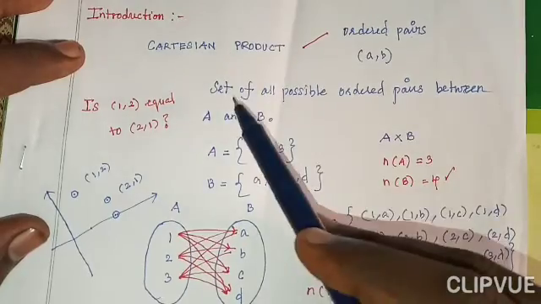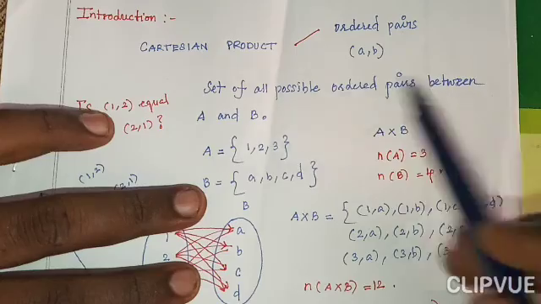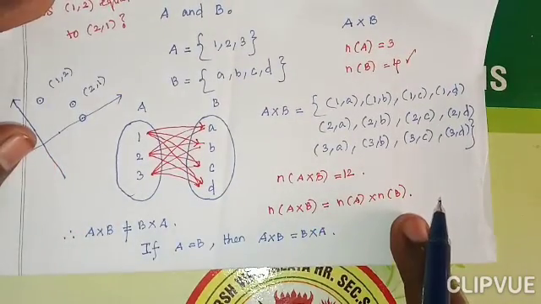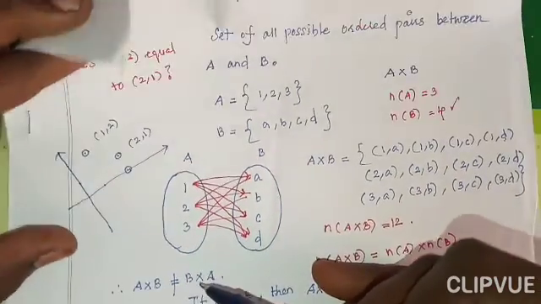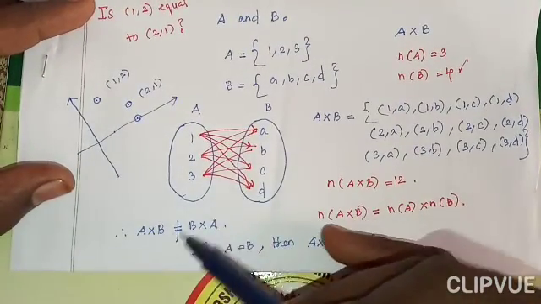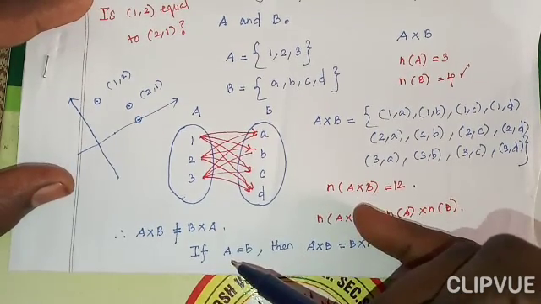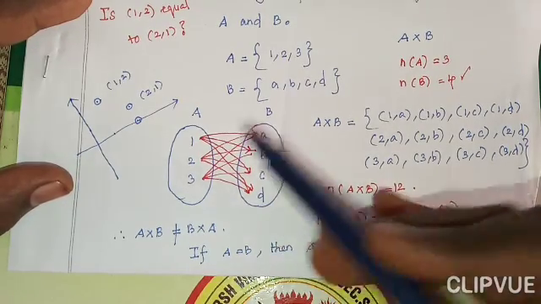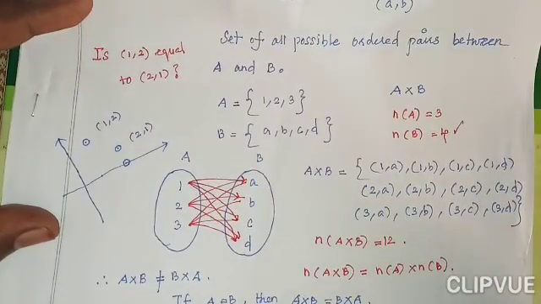So the definition of Cartesian product is the set of all possible ordered pairs between A and B. I have given an example also, and n of A cross B equals n of A into n of B. Okay, then A cross B is not equal to B cross A. Sometimes they are equal when A is equal to B. If the set A equals set B, it is possible. Otherwise it won't happen. I hope you understand this concept.